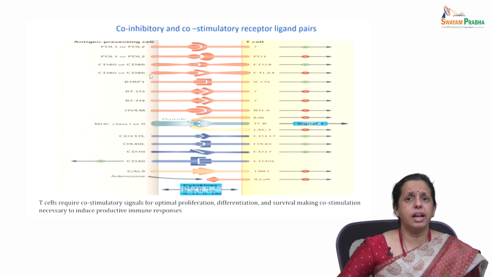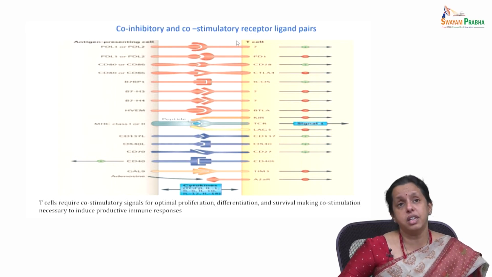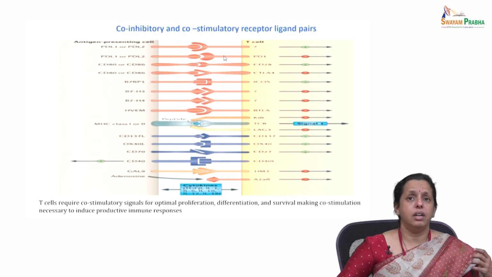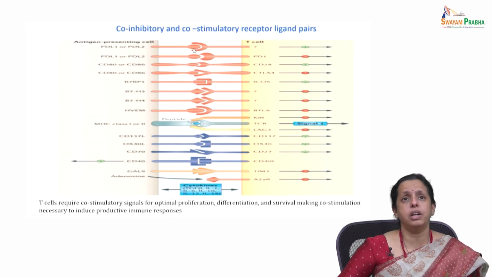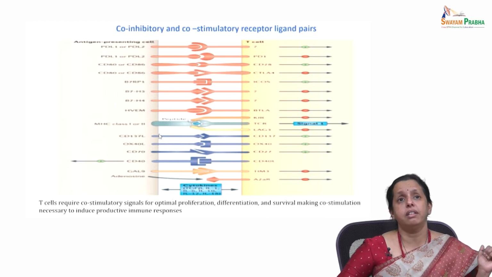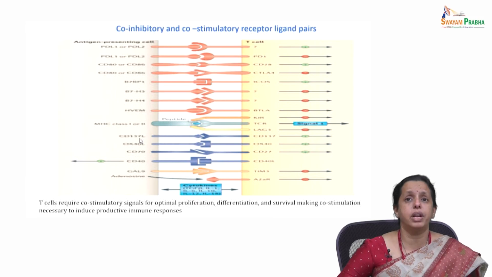Cancer immunotherapy received a lot of breakthroughs only after they established these co-stimulatory receptor ligand pairs. That is when they understood that not only the ligand, but the co-stimulatory receptor ligand pairs are also very, very important.